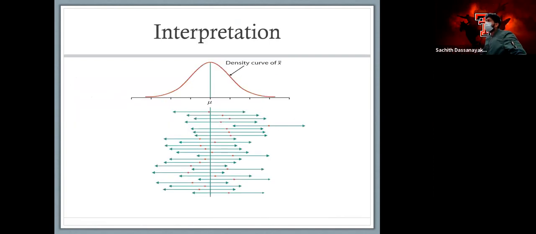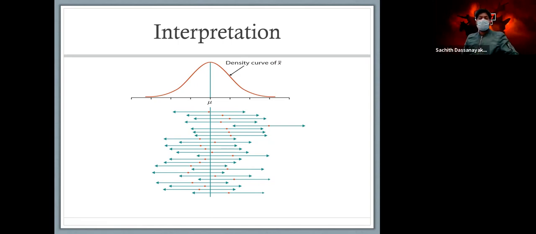If you consider a few samples, let's say in this class I'm taking 5 students, I can pick 10 or 12 different groups, and calculate their sample means. If I consider 10 groups, I have 10 sample means.